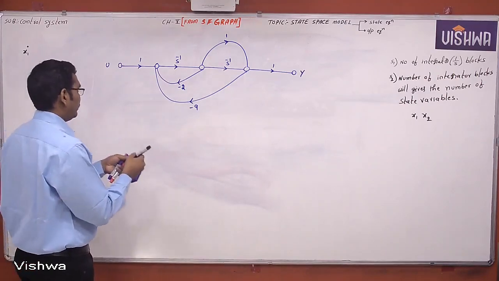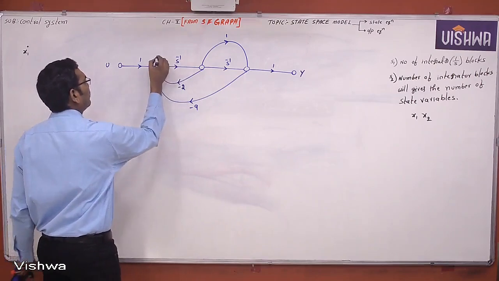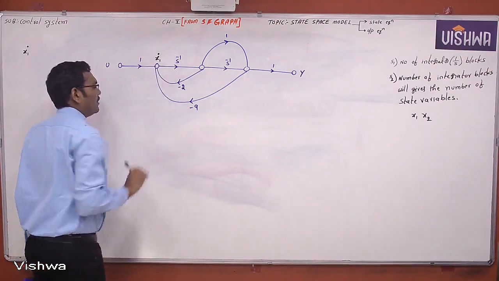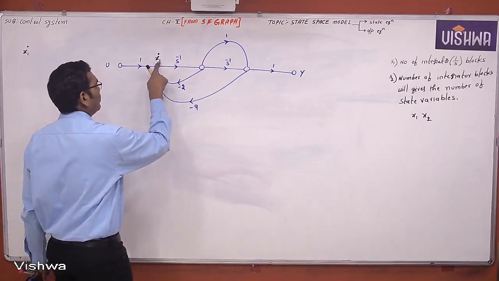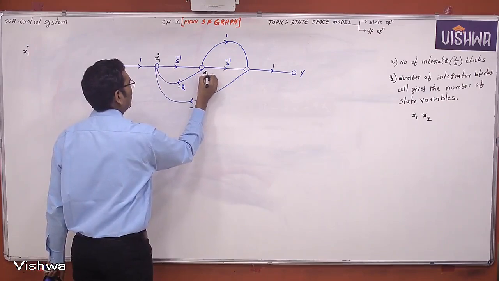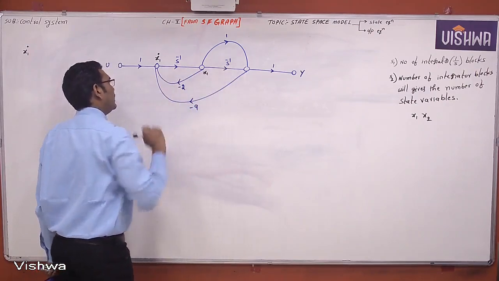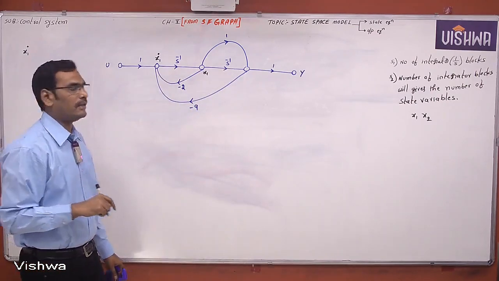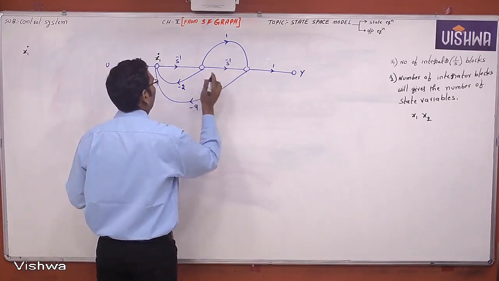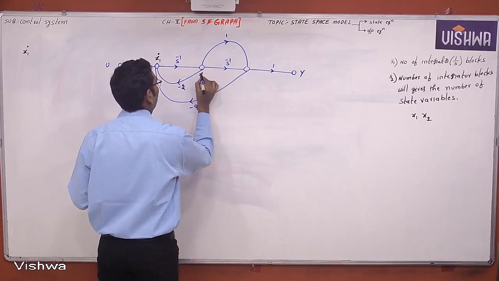Now before this integrator block, take the state variable in differential form, x1 dot. So x1 dot, and this differentiation and integration is cancelled, and here it is x1. But again here is the integrator block. Immediately it will start x2 dot. So this is a common node, x2 dot.